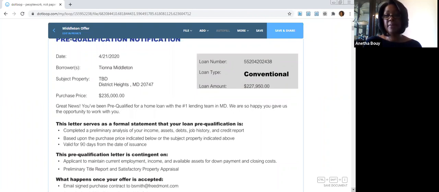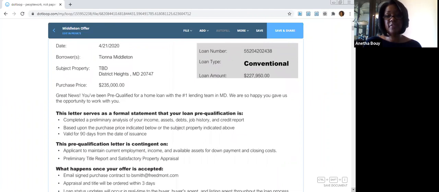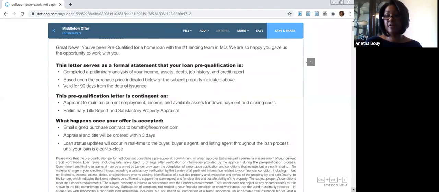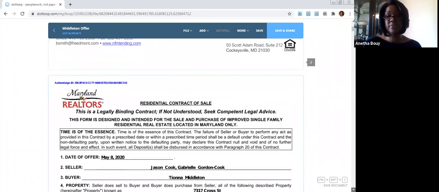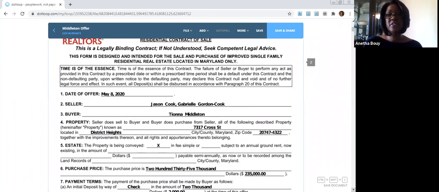their loan amount, and all of the things that pertain to the buyer themselves, okay? Here is the residential contract of sale, and a lot of the information that you are putting into your template comes from this residential contract of sale, okay?